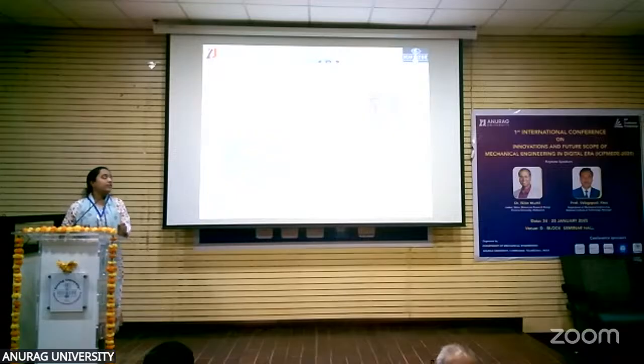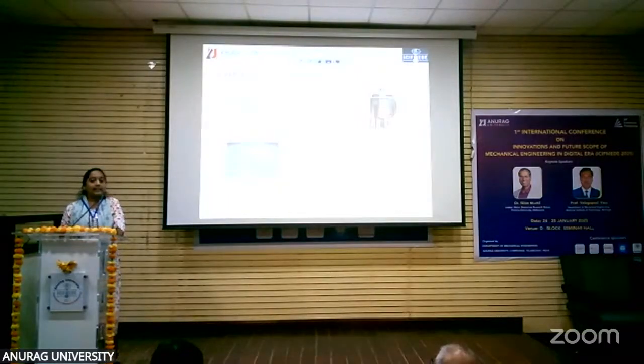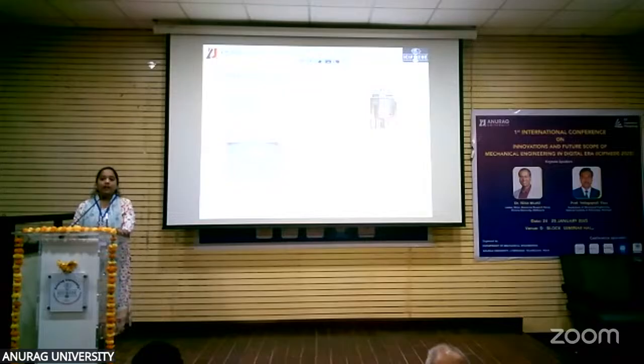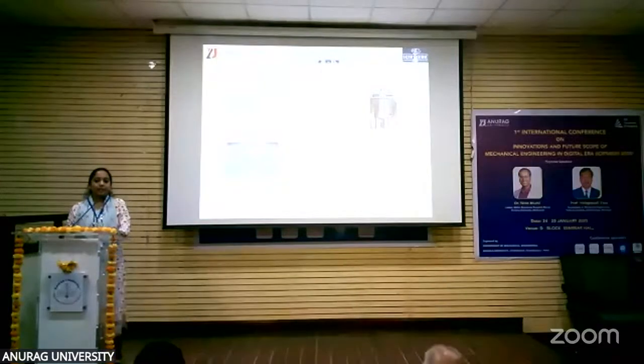Initially, we have taken the plastics of each type, as I mentioned, HDPE, LDPE, polypropylene, and PET materials. We have taken 100 grams of each. Then we have introduced the materials into the reactor. In the reactor, we have a cylindrical shaped heating coil.